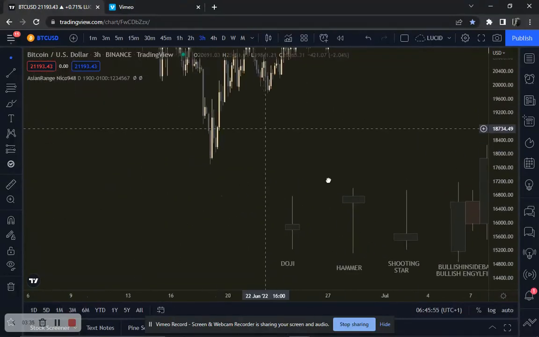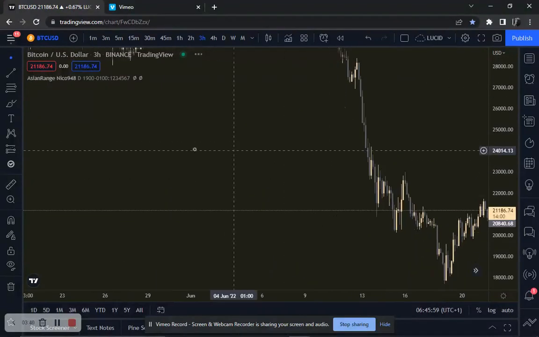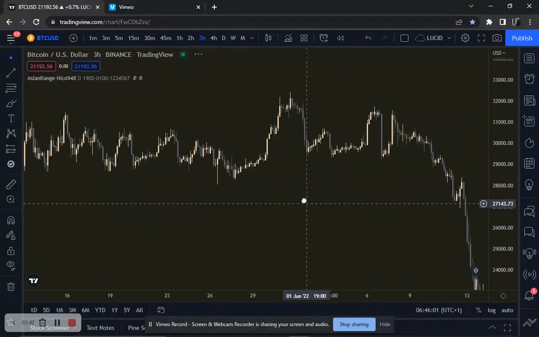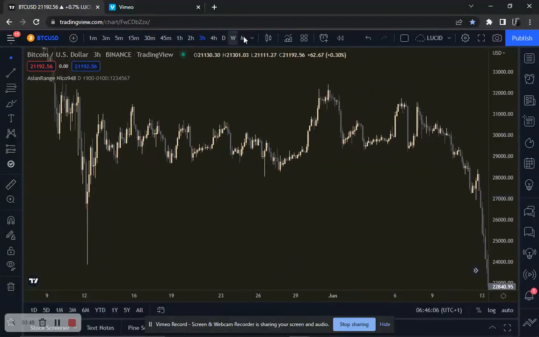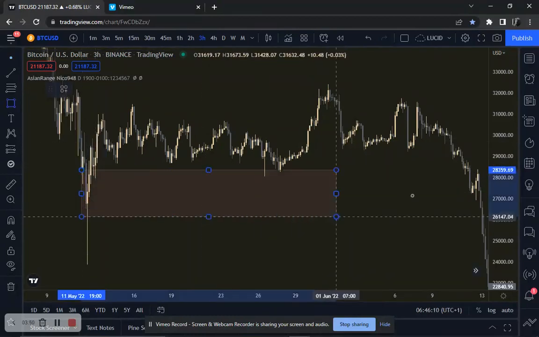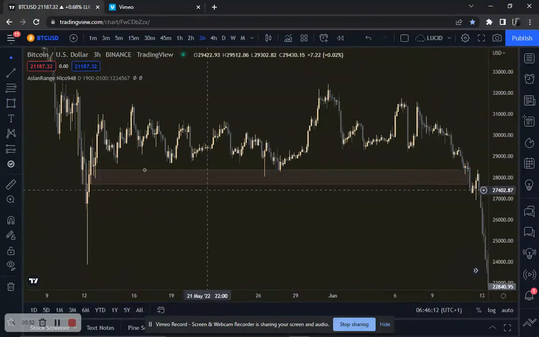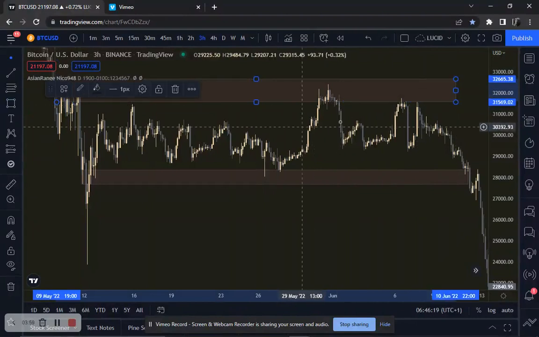So let's dive in to how I use these candlestick patterns. So let's say I have my charts here, and I have my support drawn below, my resistance drawn above, right?